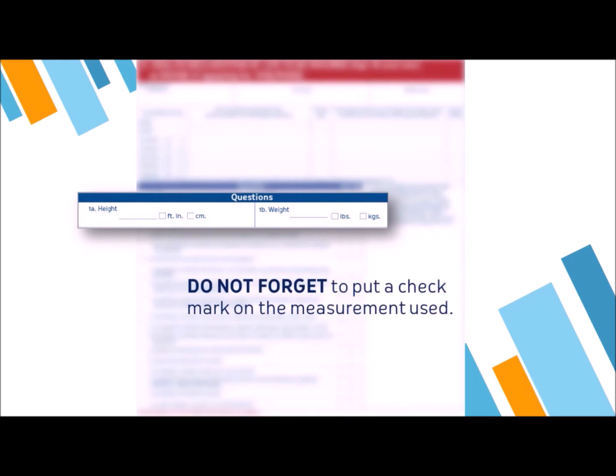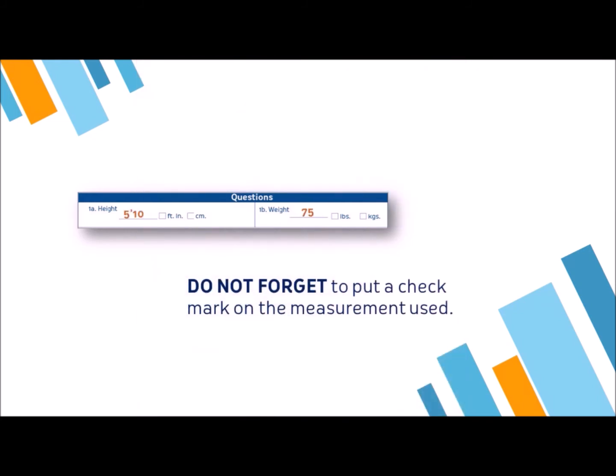For Section 10, items number 1A and 1B, height and weight, do not forget to put a check mark on the measurement used.